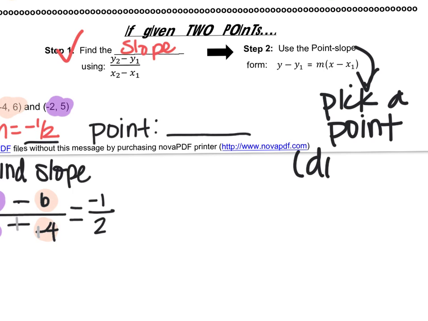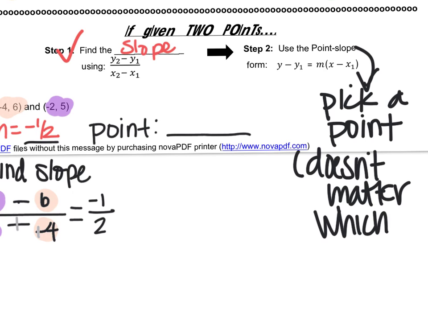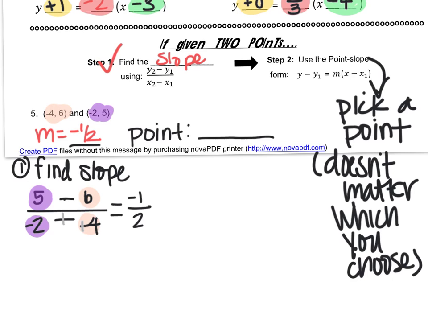So I'm going to look back up here and I'm thinking, you know what, I'm going to use -2, 5 because those numbers are smaller. So there's really no rhyme or reason for why I picked it, but -2 and 5 just sounds a lot better than -4 and 6.